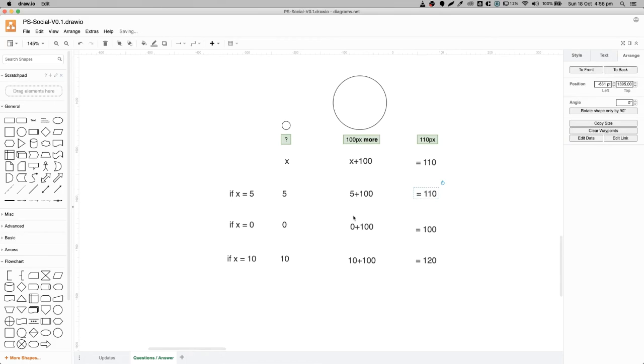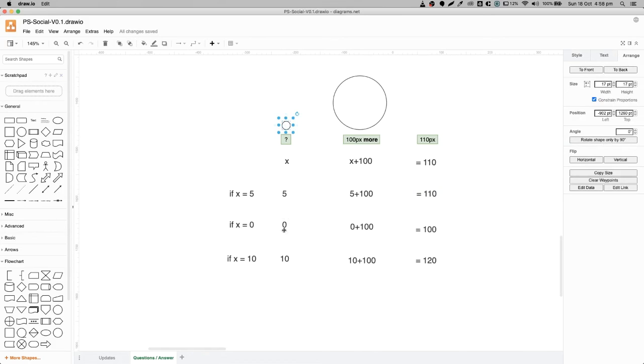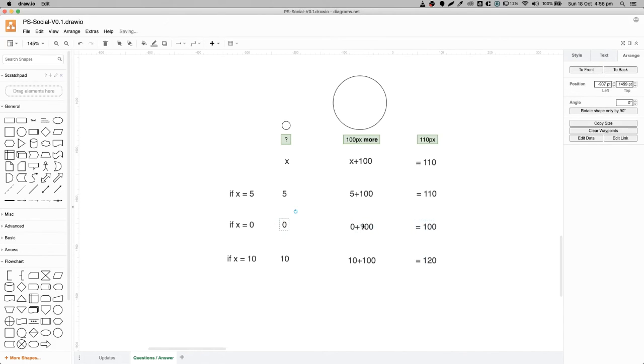But if I assume the value of x was 0, which means if I assume this ball had 0 size, 0 pixels, 0 width, which is geometrically impossible, then I will have 0 for it, 0 plus 100, and the total value which I will get is just 100. So it is not equal to 110. It is not satisfying the condition.